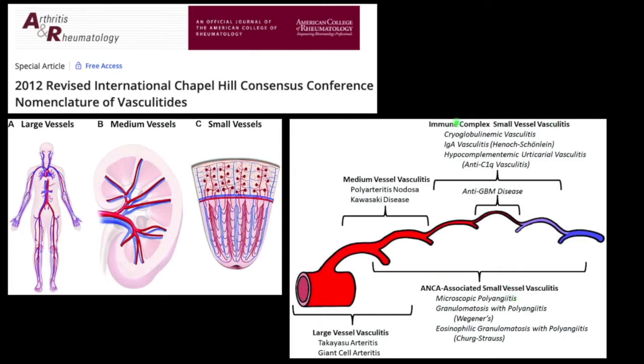In the immune complex small vessels, we see cryoglobulinemic vasculitis. And notice here the cryoglobulinemic vasculitis we saw in the occlusive category. So in those types of vasculitis, you will see an overlap with other groups.